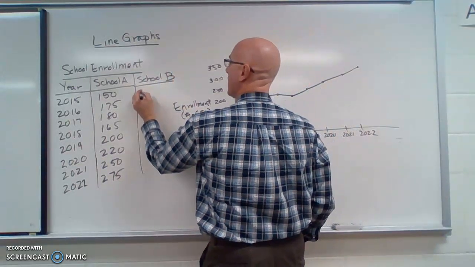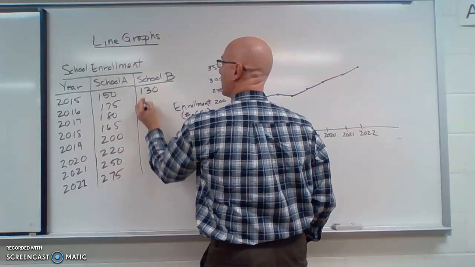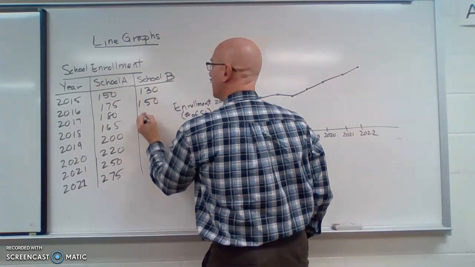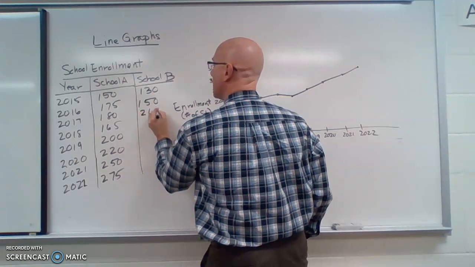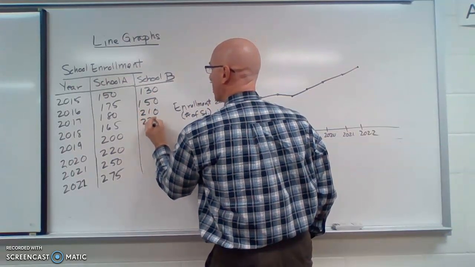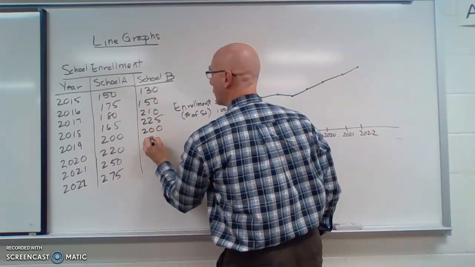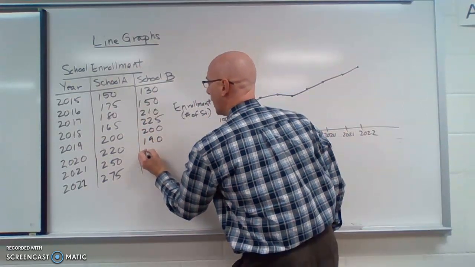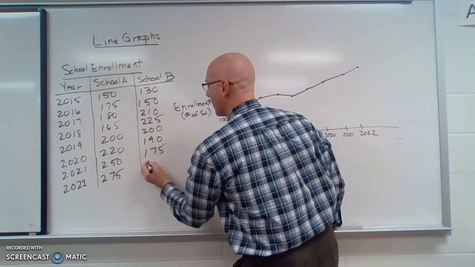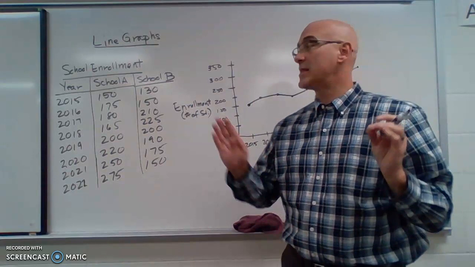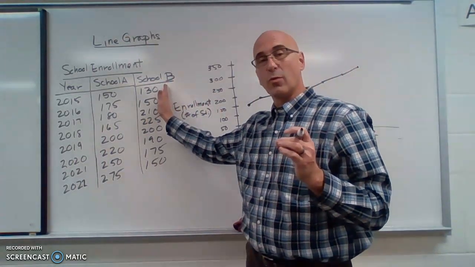I'm going to say we were at 130, and then 150, 210, 225, 200, 190, 175, and 150. Okay? So say that is this school's enrollment.